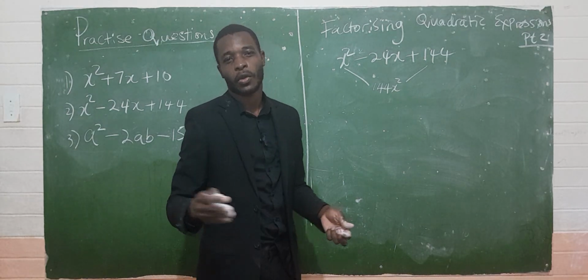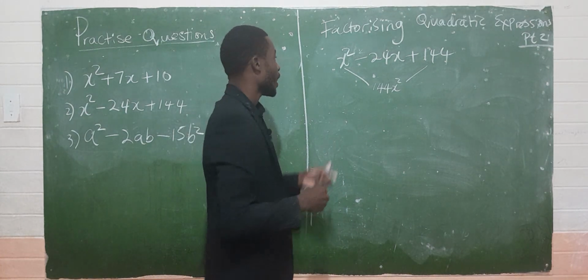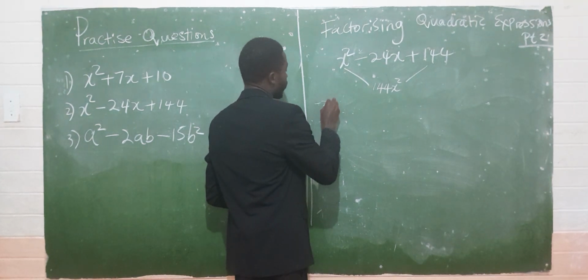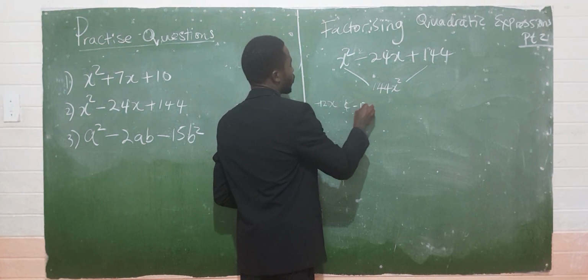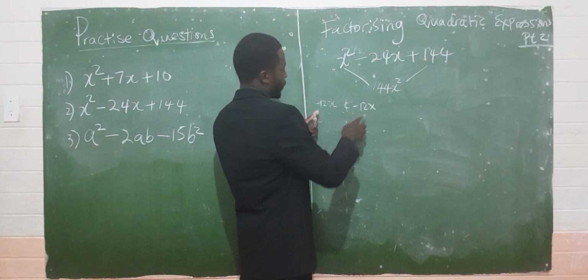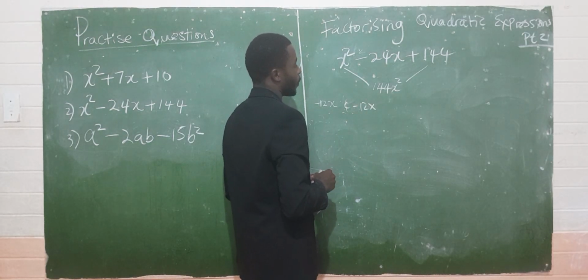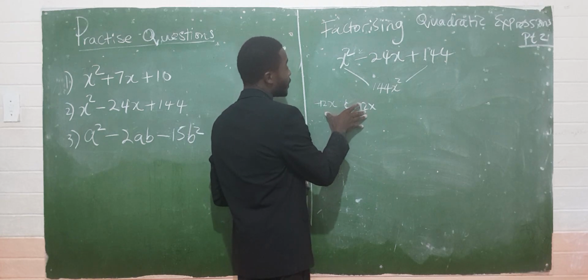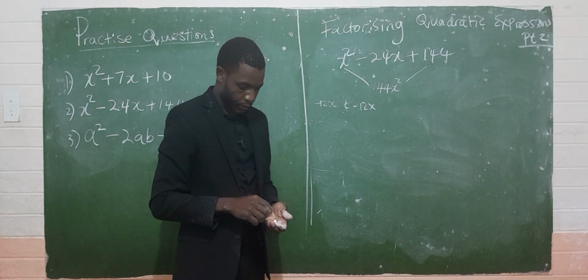And of course, I'm not going to go ahead and list all of them, but if you want, you can. We can see that it is negative 12x and negative 12x. If you multiply these, they will give us positive 144x squared. And of course, if you add these, they do give us negative 24x.